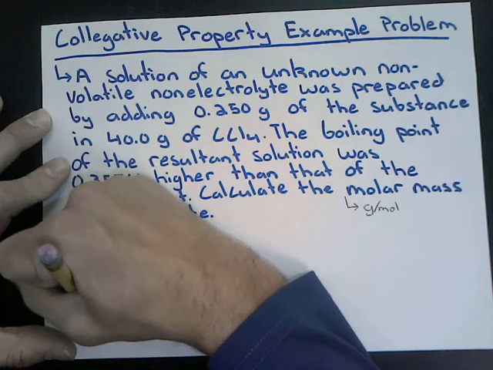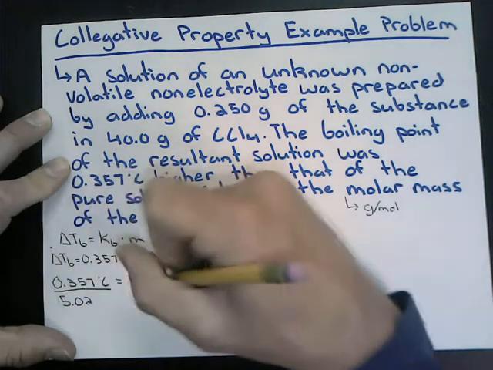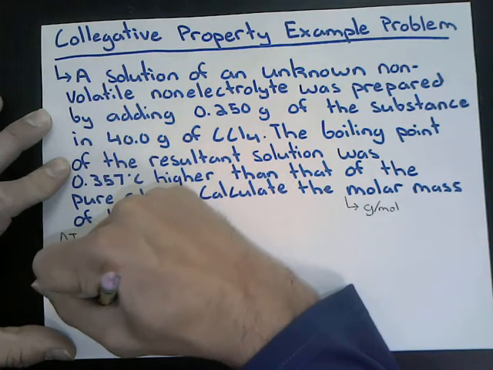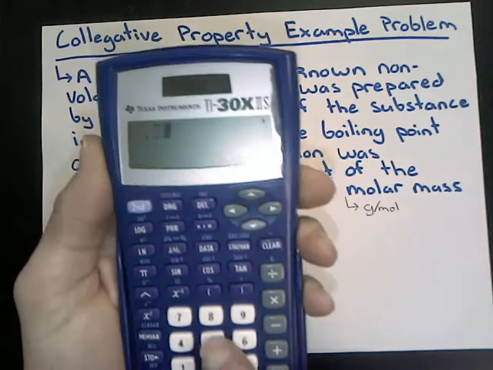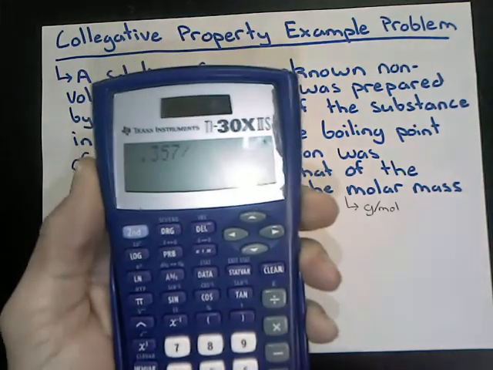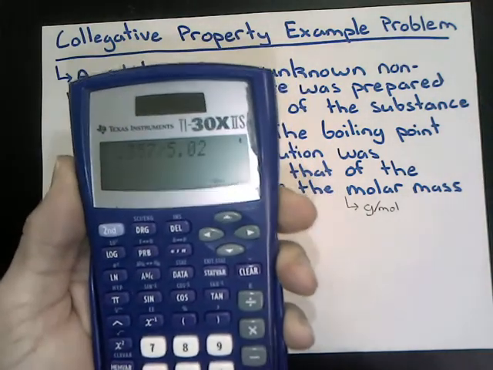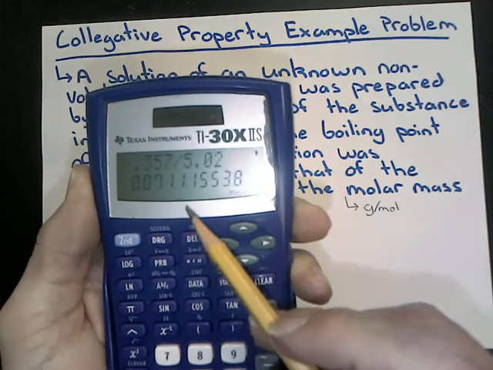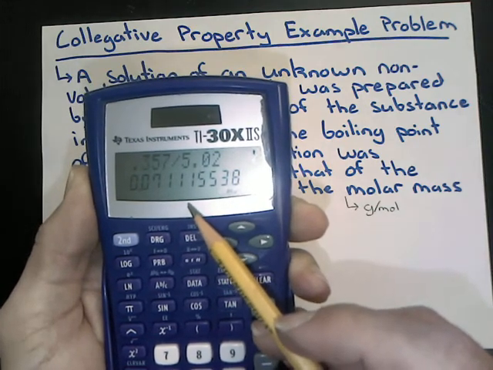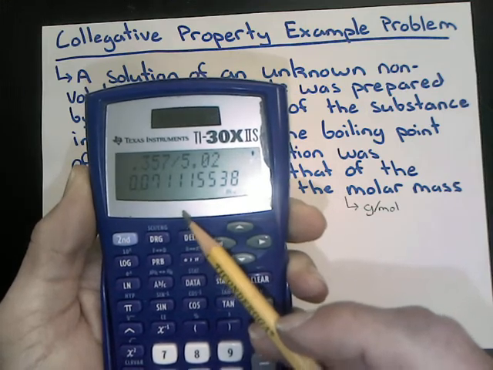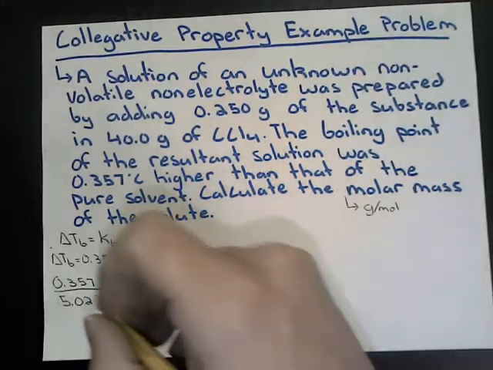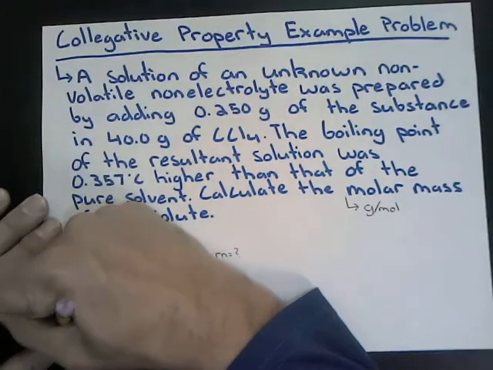In our calculators, we are going to take 0.357 degrees Celsius divided by 5.02 degrees Celsius per molal. So we have 0.357 divided by 5.02. We press enter and round to 3 significant digits. So our molality, our M, becomes 0.0711 moles per kilogram of solution.